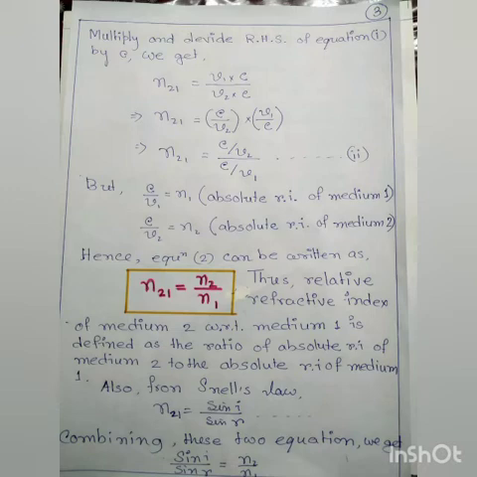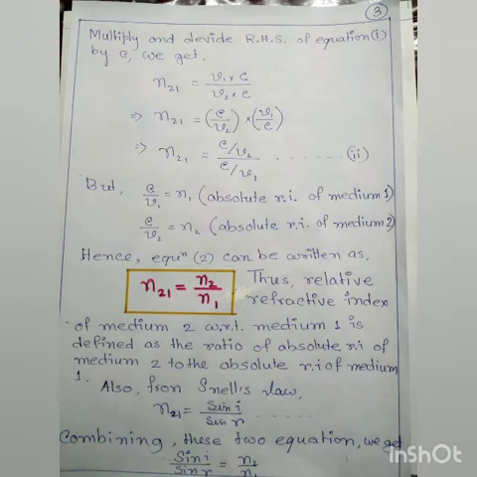Means if light enters from air to medium 1, then n1 is the absolute refractive index of that medium. And if light enters from air to the second medium, then n2 is the absolute refractive index of the second medium. So in equation 2, we can substitute c by v2 as n2 and c by v1 as n1.